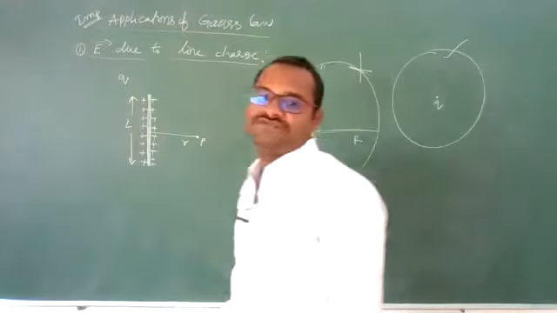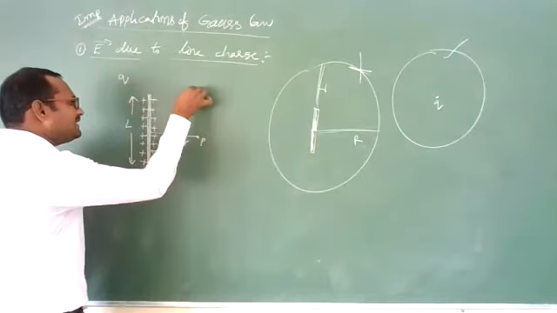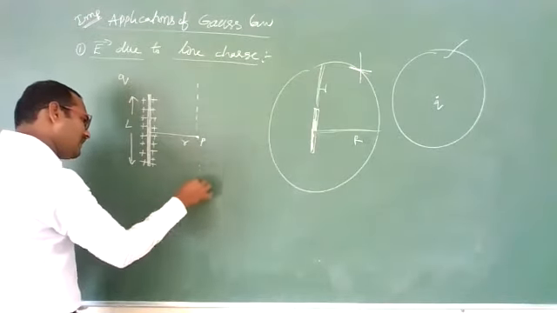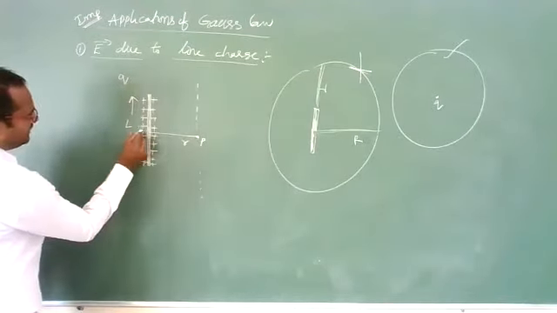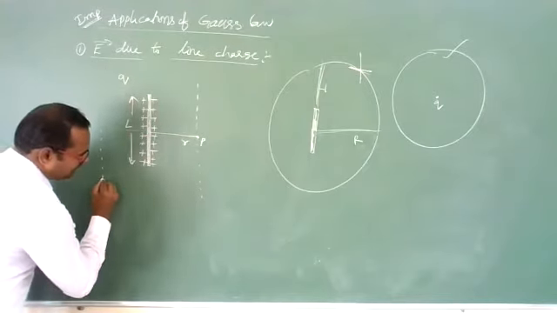Then what type of surface should we consider? You consider a cylindrical surface. See these dotted lines, at equal distance r. You consider one cylindrical surface like this.